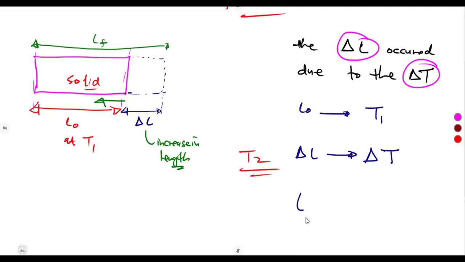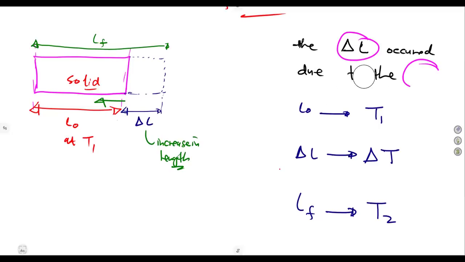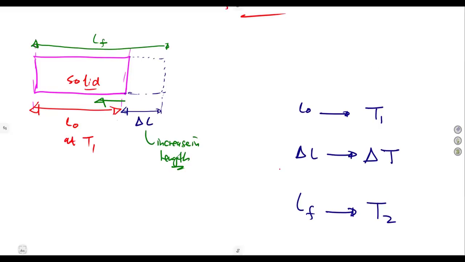The final length is there when we are at the final temperature, T2. Once you understand this, you are done. So this is it, guys. It occurs at T1, it occurs when there's a change in temperature, it occurs at T2.